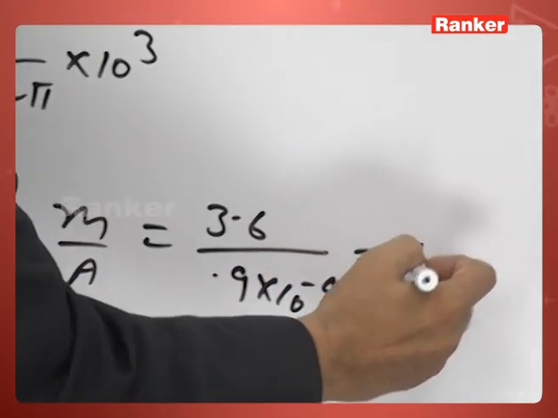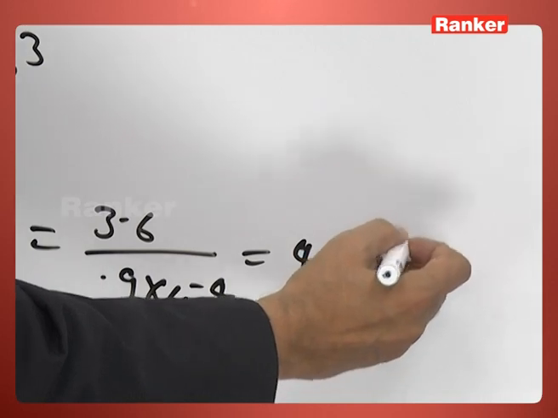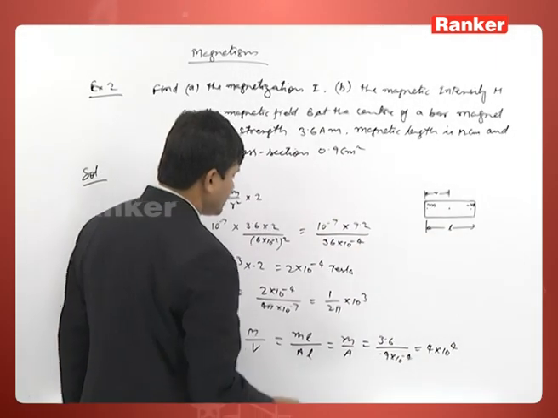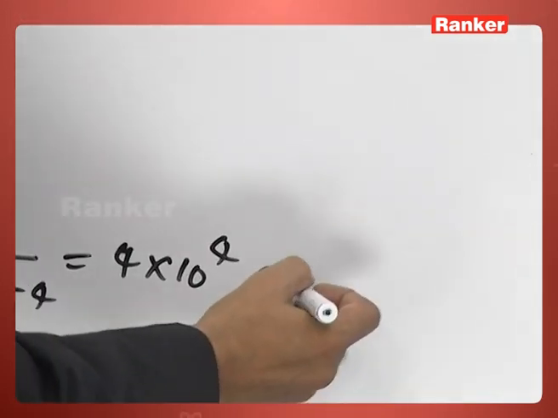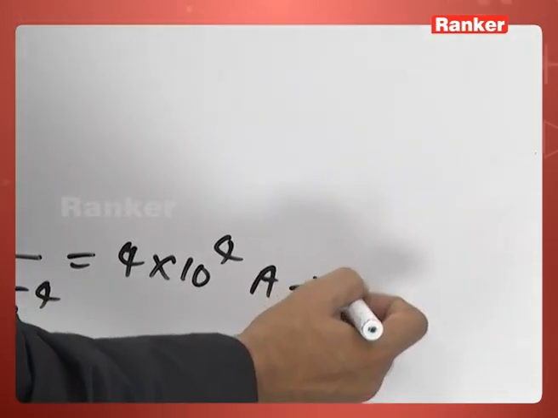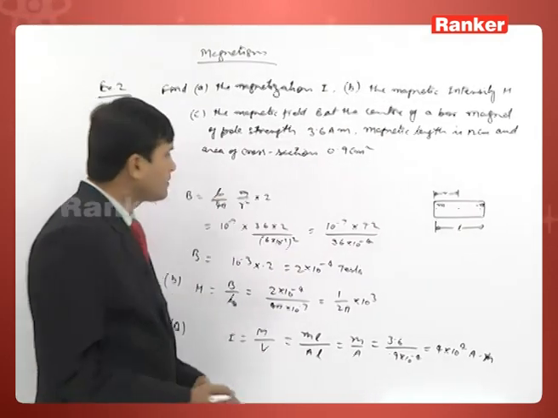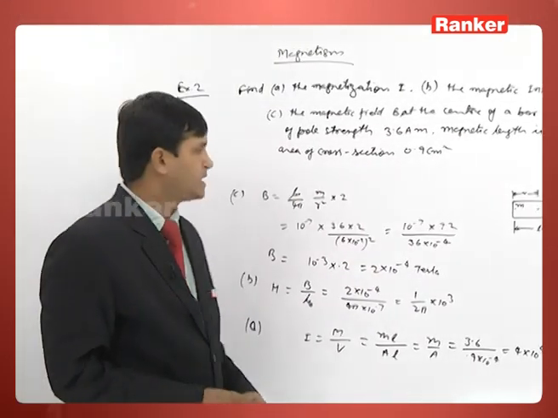So this will be 4 into 10 to the power 4 ampere per meter. This is the value of I, intensity of magnetization.